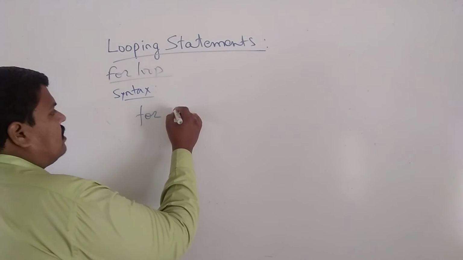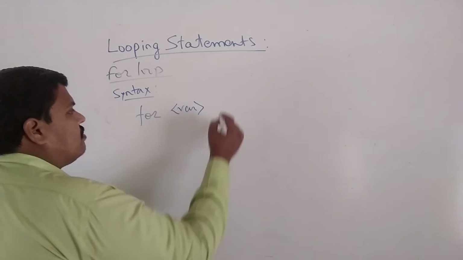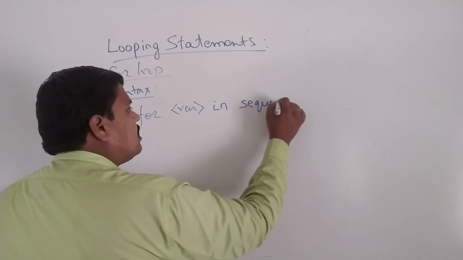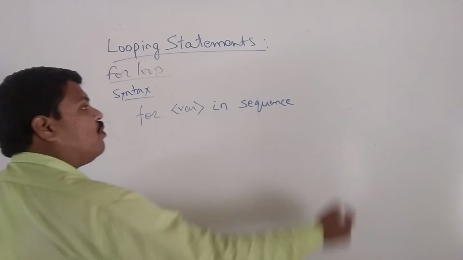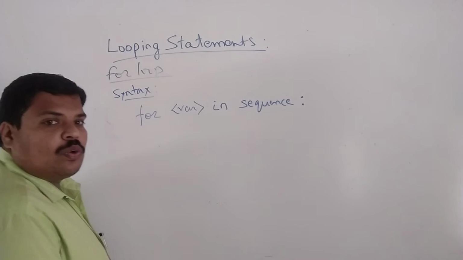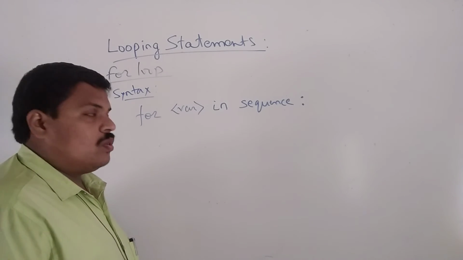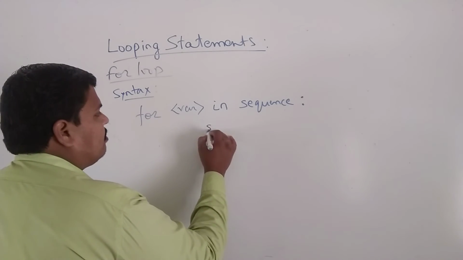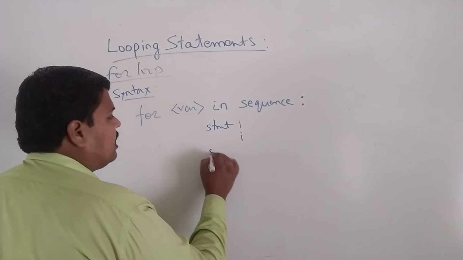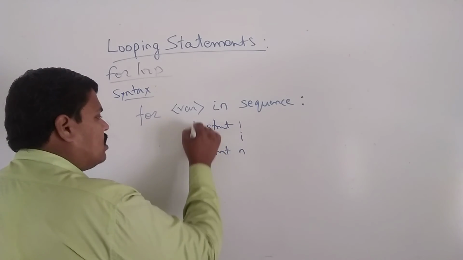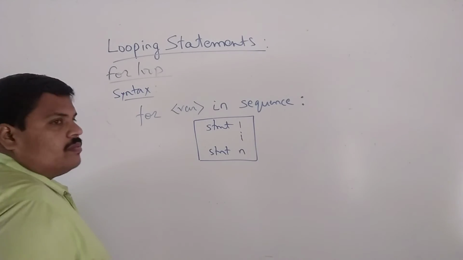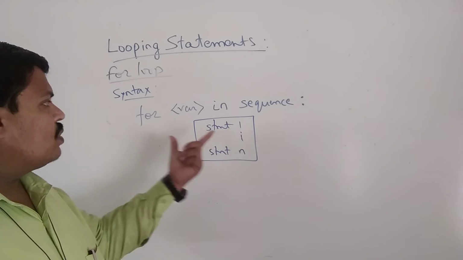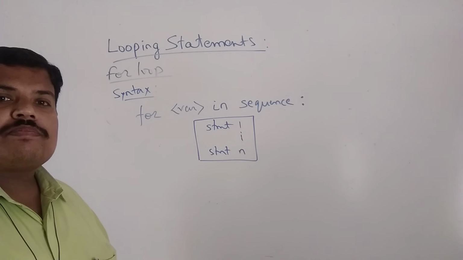Then a variable, then the operator in, and then we require the sequence, followed by a colon to indicate that there is a group of statements which are following. So the group of statements will be here, statement 1 up to statement n, whatever. This we call a block. This has to be preceded by proper indentation, the same indentation. So this is the complete syntax for the for loop.